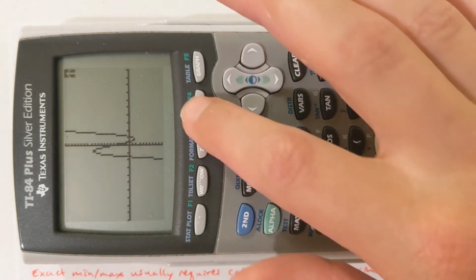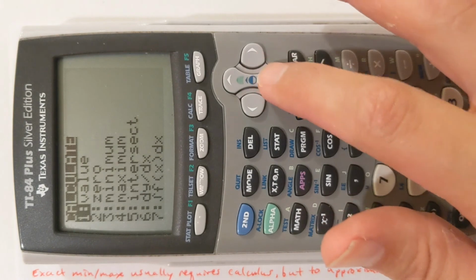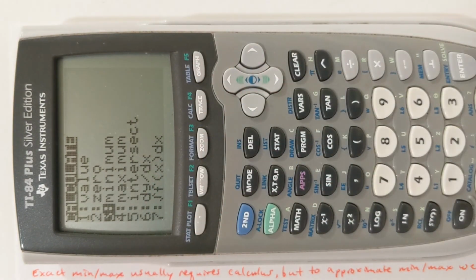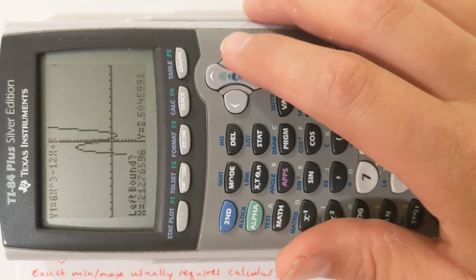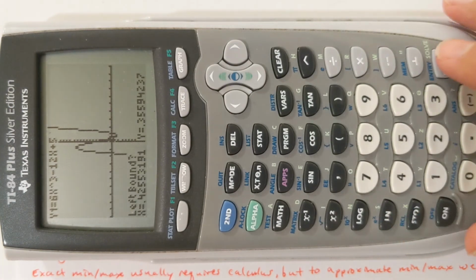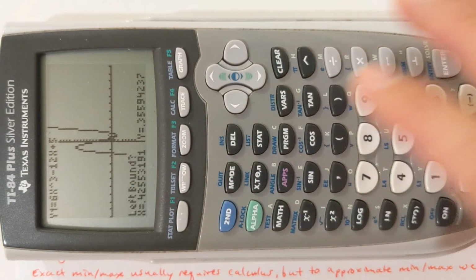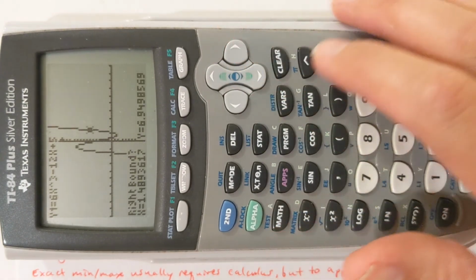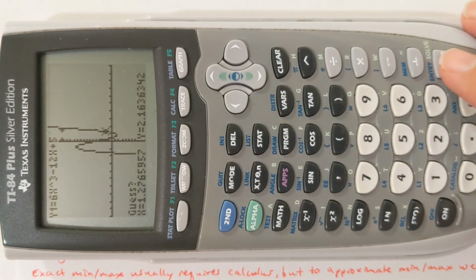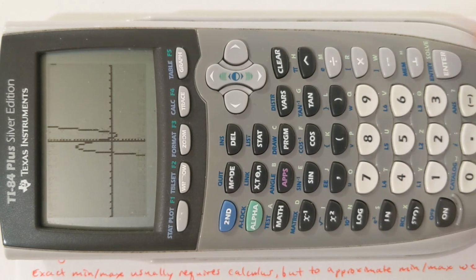If I hit second and then trace, and then either 3 or 4, minimum or maximum, then I use the minimum. I want to go to a spot where I can see a minimum. Right bound, guess. 0.82, negative 1.53.